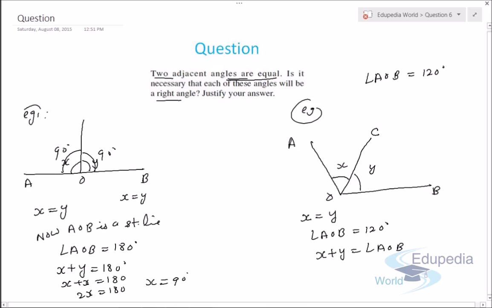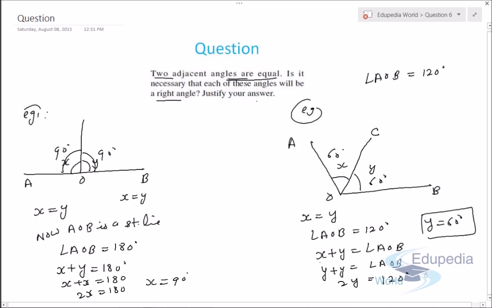Why? Because x and y are adjacent angles, and when we combine them they make angle AOB. Now we can replace x with y, so y plus y equals angle AOB. Angle AOB is 120, so y will be equal to 60 degrees. So we can say that each angle will be 60 degrees.